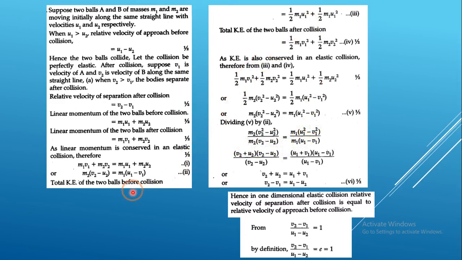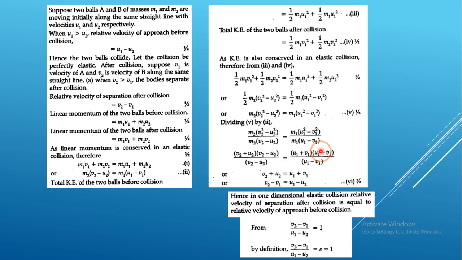You can see it over here. You will get m2 (v2 square minus u2 square) divided by m2 (v2 minus u2) is equal to m1 (u1 square minus v1 square) divided by m1 (u1 minus v1). As we all know that a square minus b square is equal to (a plus b)(a minus b).